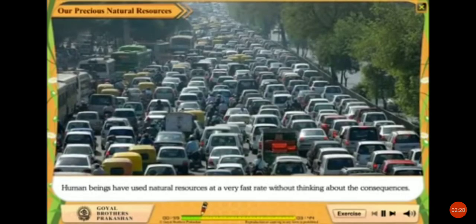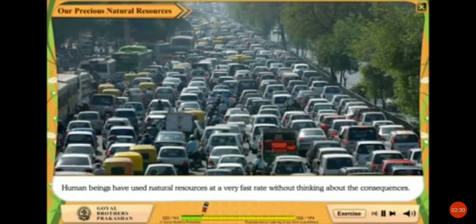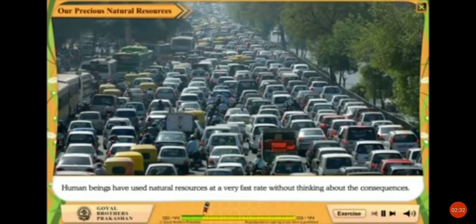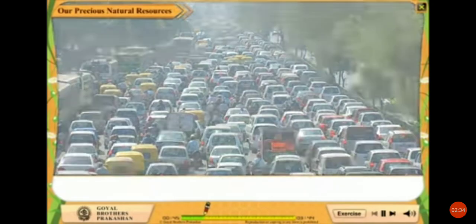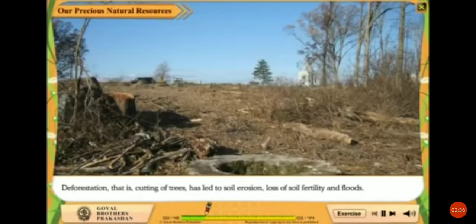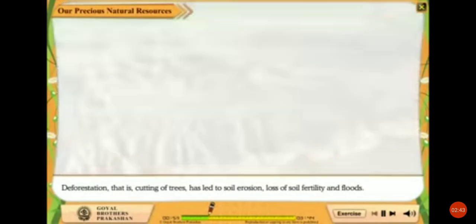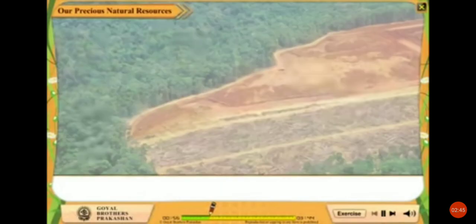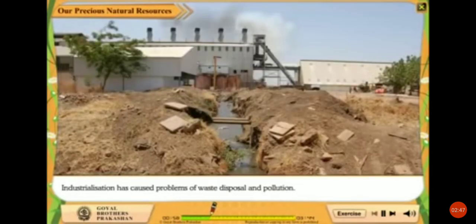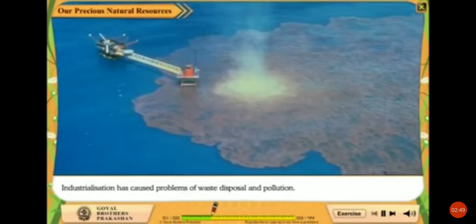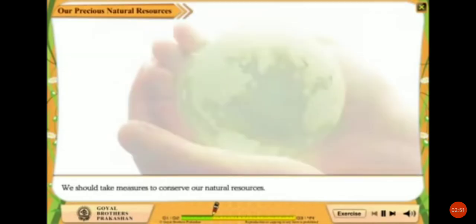Human beings have used natural resources at a very fast rate without thinking about the consequences. Deforestation, that is cutting of trees, has led to soil erosion, loss of soil fertility, and floods. Industrialization has caused problems of waste disposal and pollution.